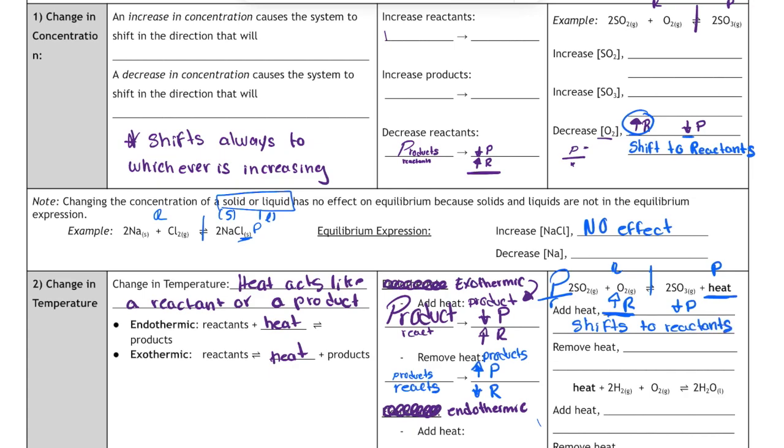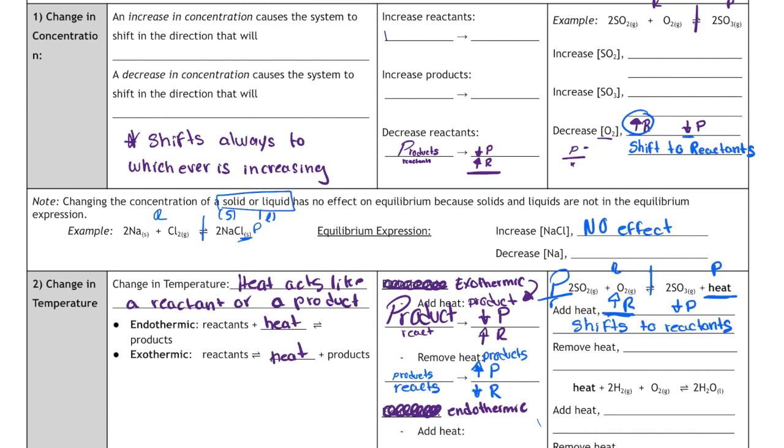Okay, I'm going to remove the heat now. So I'm removing the heat. So heat is in the product. So my products are going to be tiny and small. Reactants are normal. This is a really bad drawing. Let me do it again.